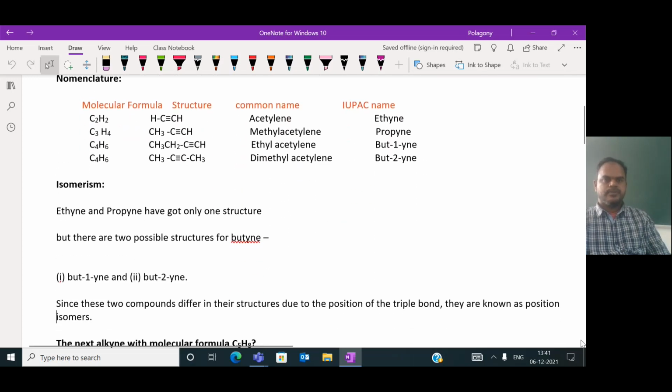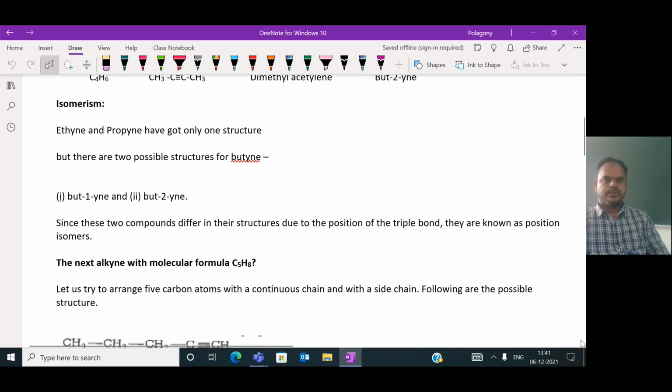And if we talk about the isomerism shown by these alkynes, ethyne and propyne have only one structure. That means ethyne and propyne do not exhibit isomerism. But there are two possible structures that can be written for butyne: but-1-yne and but-2-yne are the two isomers.